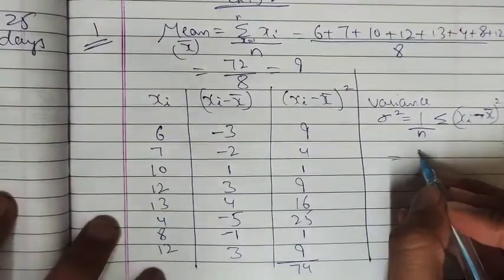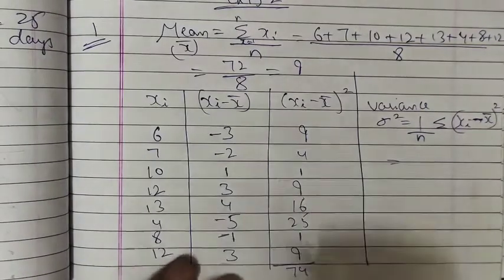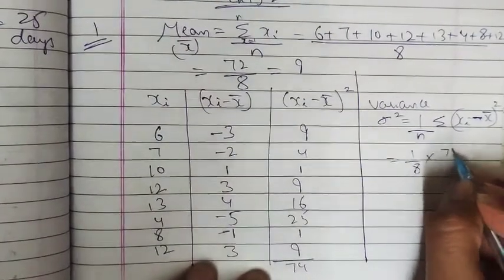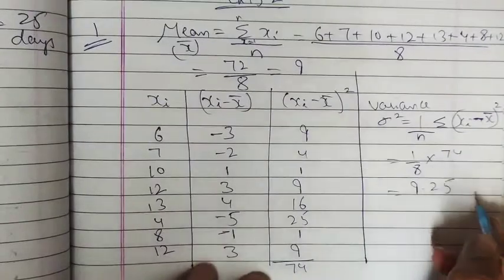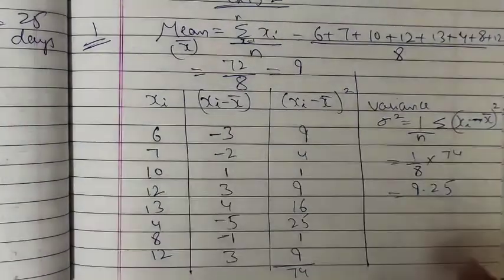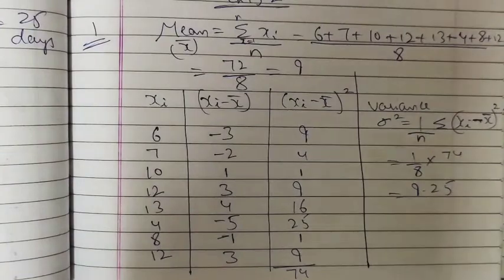So n value is 8, right? So 1 upon 8 multiplied by the summation 74 is 9.25. So the variance for this data is 9.25 and the mean is 9.